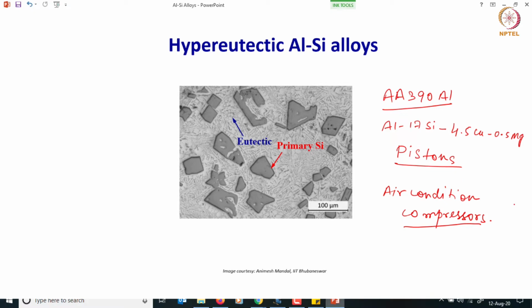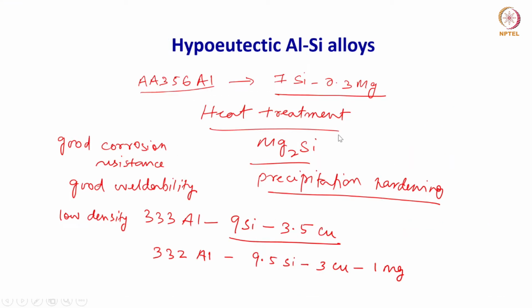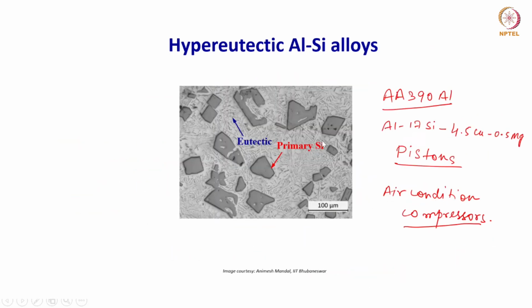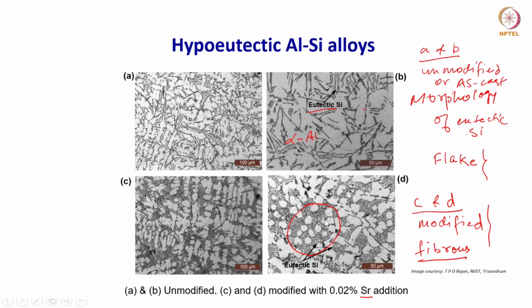Okay. Now the question is, if we want to avoid this kind of morphologies, as I was telling you before, it is possible to change the morphology and come up with a morphology like this, where it is no more flaky or no more blocky kind of morphology, rather it is more uniform and fibrous, as we call it, because this kind of microstructure is going to give you much better properties compared to this kind of microstructure where you have blocky or flaky kind of silicon.